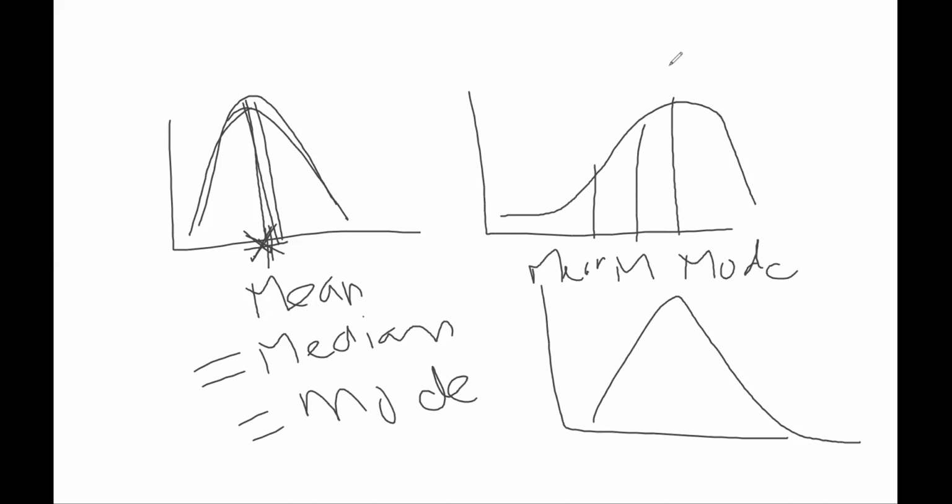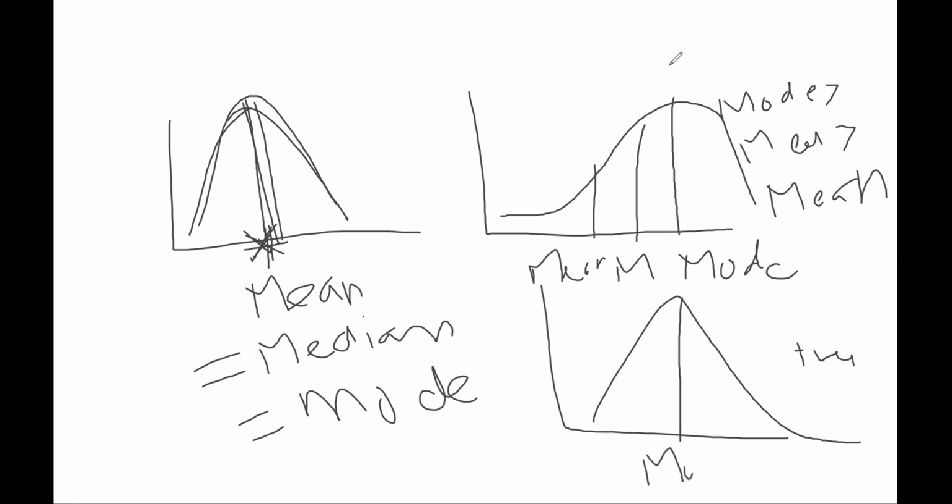So in a negatively skewed curve, mode is greater than median is greater than mean. Whereas in a positively skewed curve, this would be mode, then median, then mean. So one thing you should learn is that the median would always be between the mode and the mean.